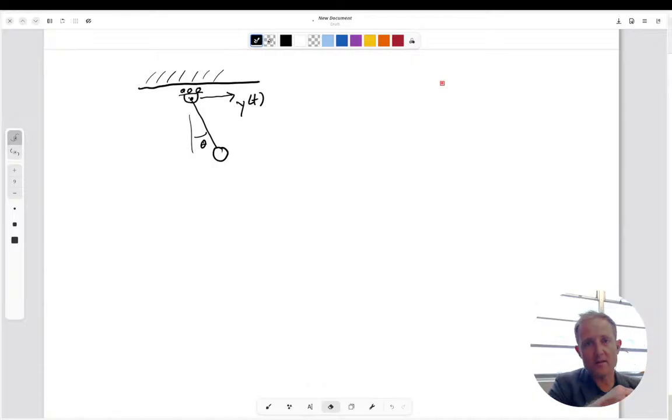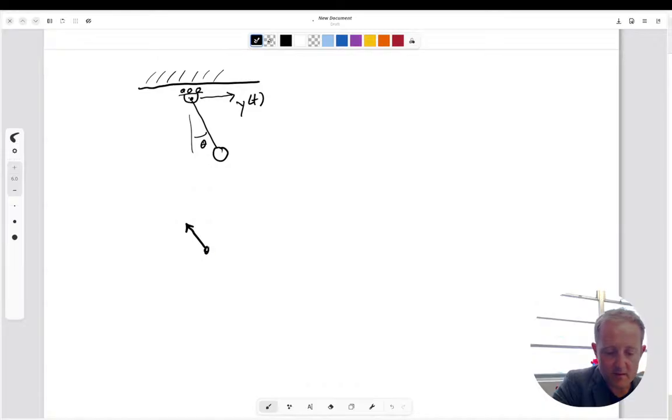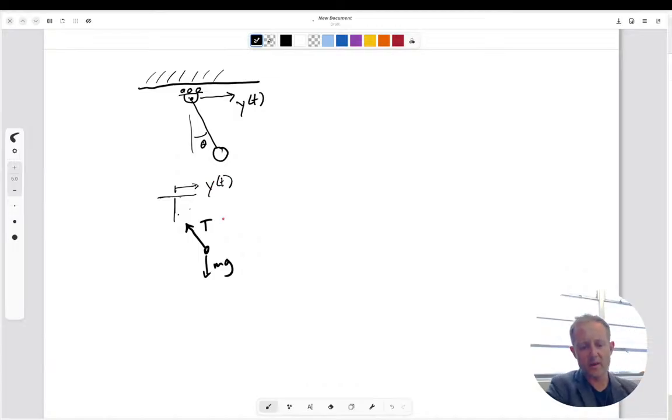so in the Newtonian frame I would need to say, all right, I've got mg, I have this tension, but that tension is a function of that y of t. Like as I'm moving this thing around, it's not a fixed coordinate system. Like I've got this, has some y of t method to it.